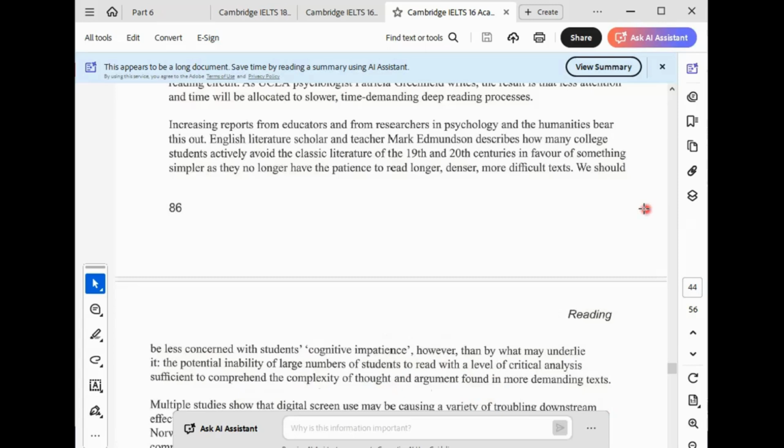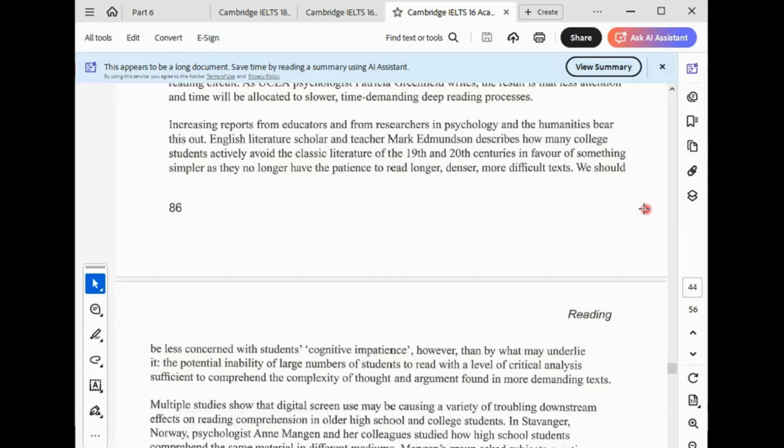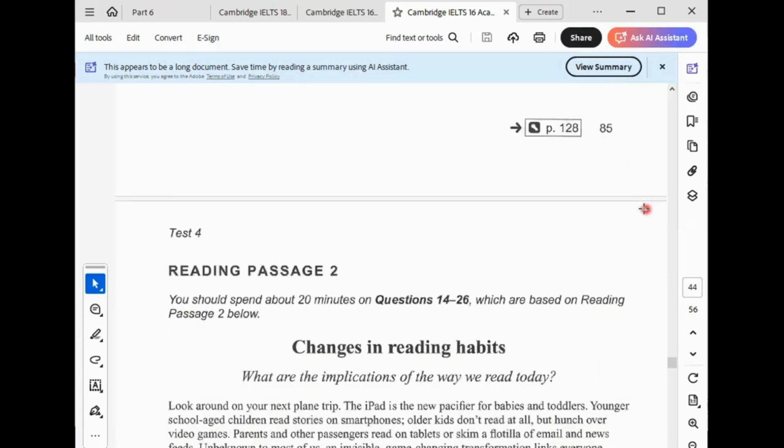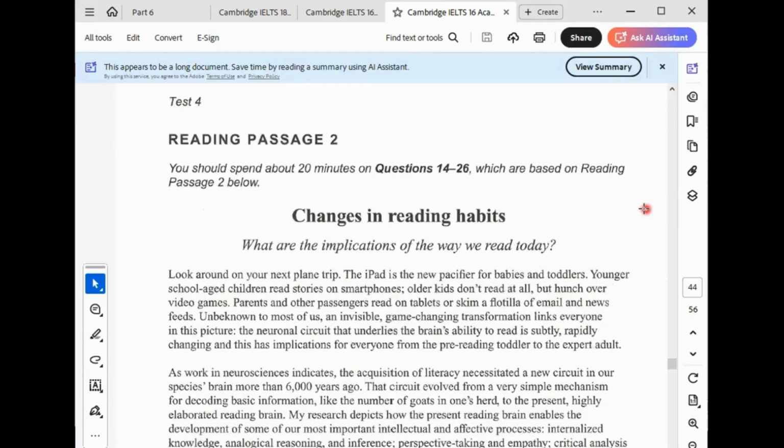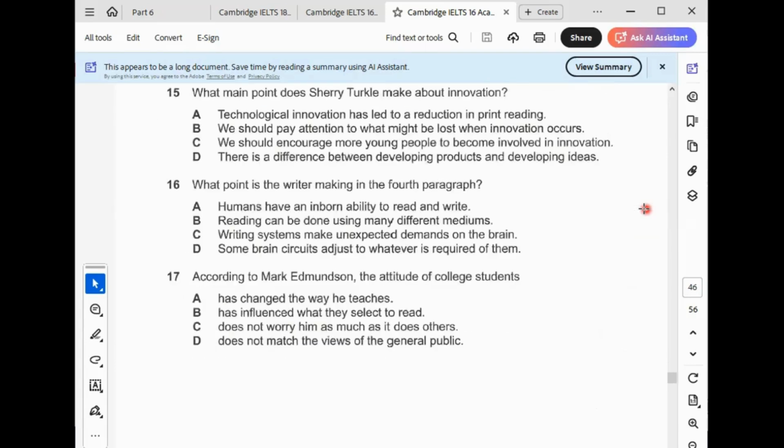So when they see those materials, they just switch off, like many of us do when we are doing IELTS reading passage 3. We just switch off. It happens. This passage is basically describing what happens to people in IELTS reading, especially IELTS reading academic, passage 2 and passage 3.